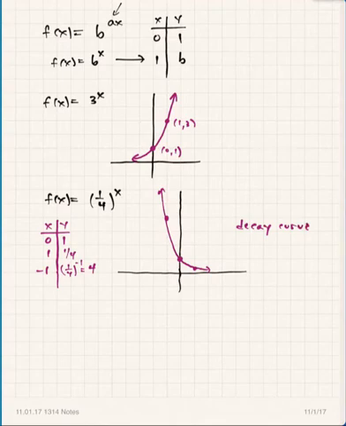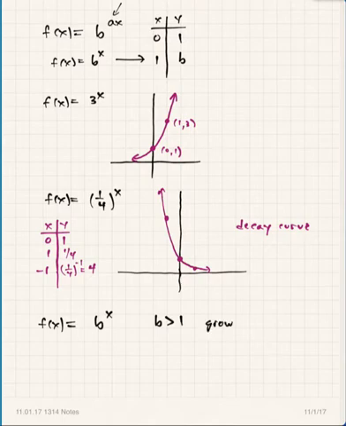So in general, if you have f of x equals b raised to the x power like this, if b is bigger than 1, you get a growth curve. If the base is a number bigger than 1, you get a growth curve. And if the base is less than 1, now remember the base also has to be positive, so if the base is between 0 and 1, you have what we call a decay curve. And it's helpful to know that going into a problem, that you've got either growth or decay.